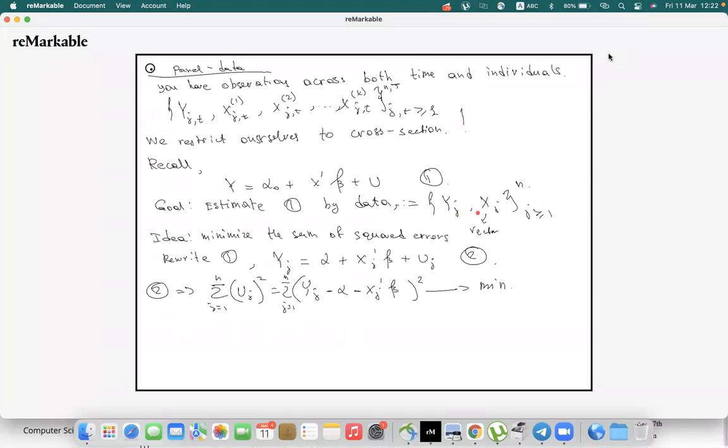These things are known. So what is known here is y and x, right? This thing is already known. What is unknown is alpha and beta, because what we know in the real world is the y's and x's, but we don't know how y and x are related.